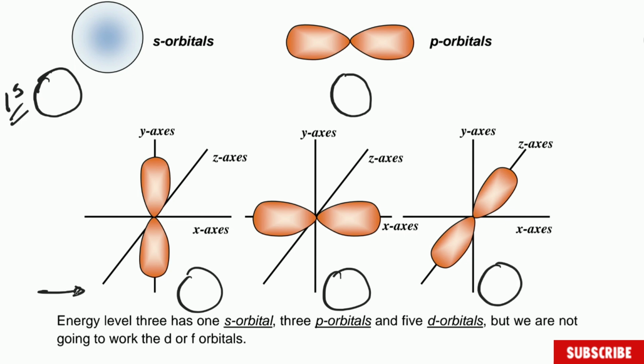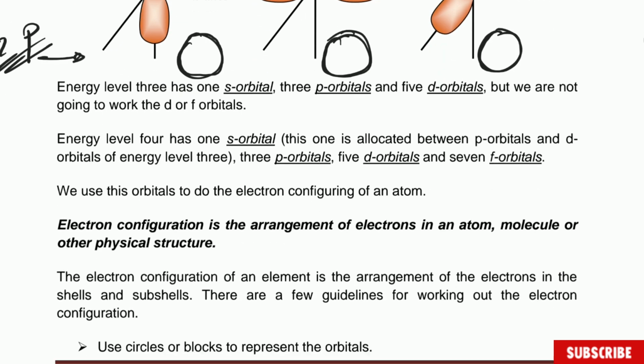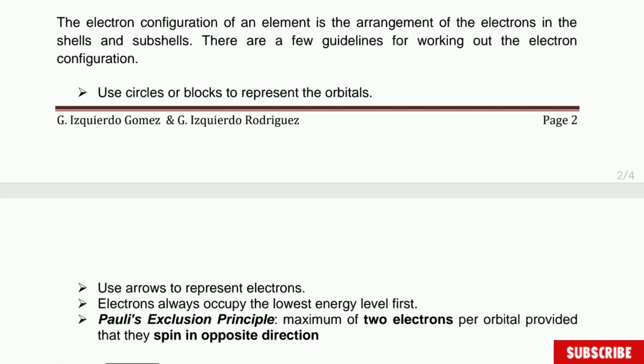So this is orbital p in energy level 2, or any energy level we're speaking about. Every time you have 3 circles, this will represent orbitals p. Okay, that is how we represent it. So every single orbital we represent with a circle. That is the first important rule.